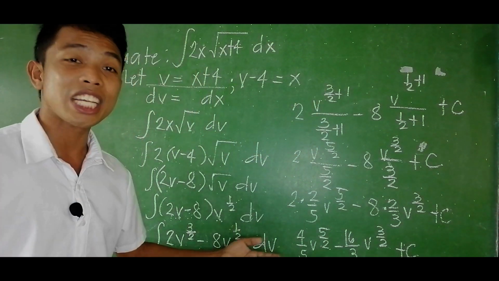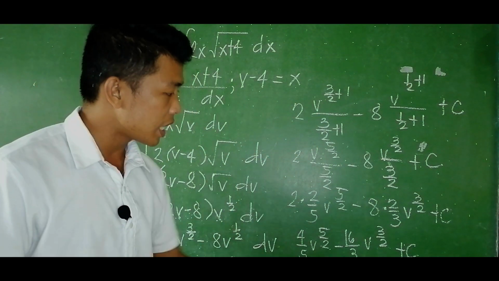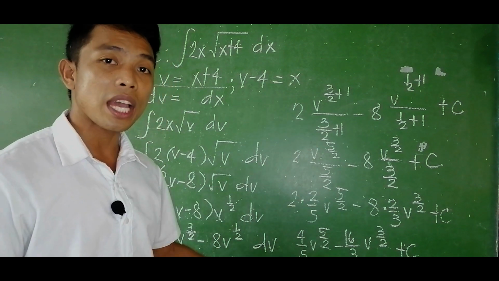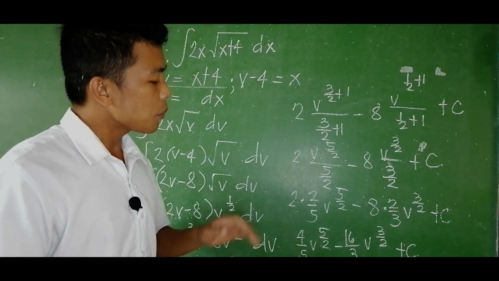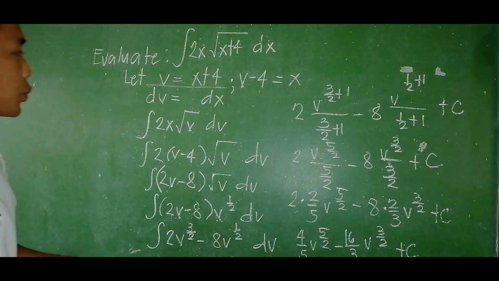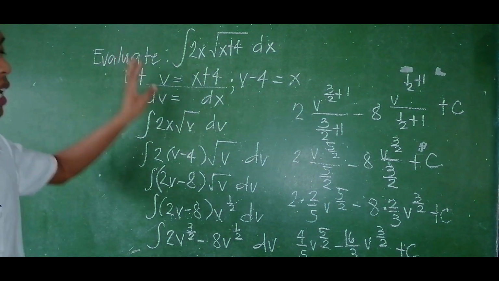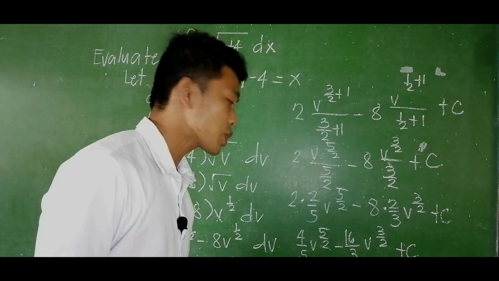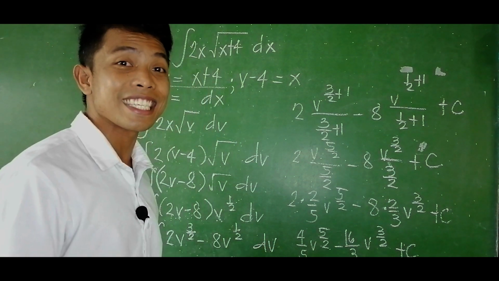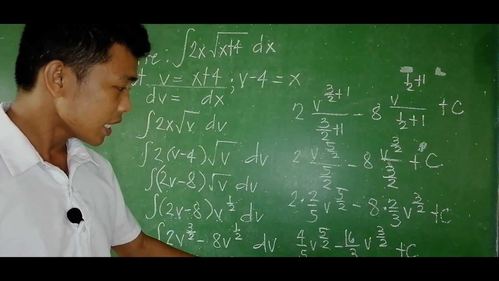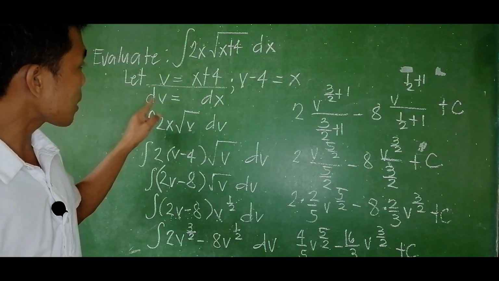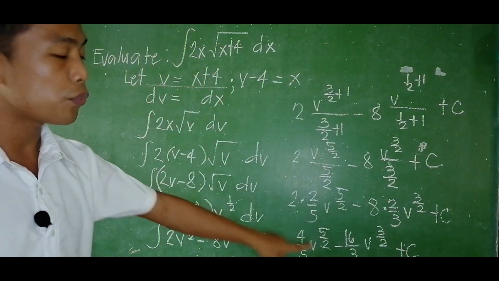Now we are almost done because we are done simplifying, applying the anti-differentiation rules. We are now just going to resubstitute the value of v in this particular expression so that we can find our final answer. So, we are going to substitute x plus 4 to v.